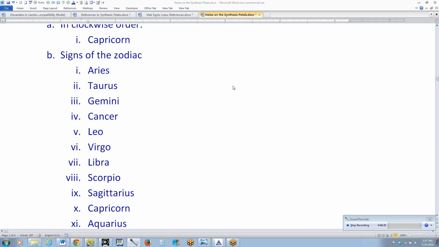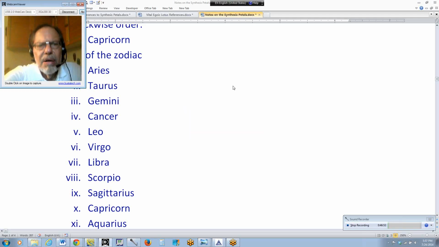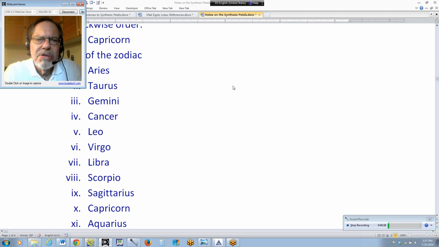And there's a mantram connected with Cancer that I think is so important in this regard, and it can operate in terms of all the synthesis petals, because Cancer has a very Buddhic relationship, and this mantram is, the whole is seen as one. And that's precisely what we want at this point when dealing with knowledge. All knowledge is seen as one.